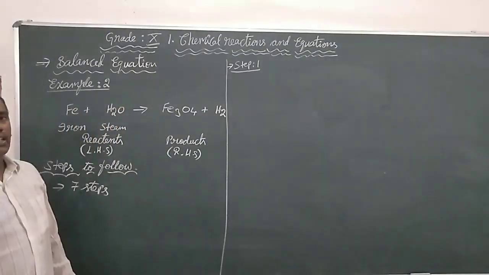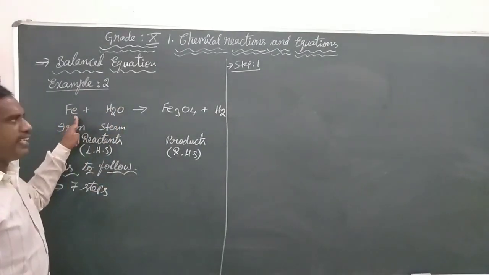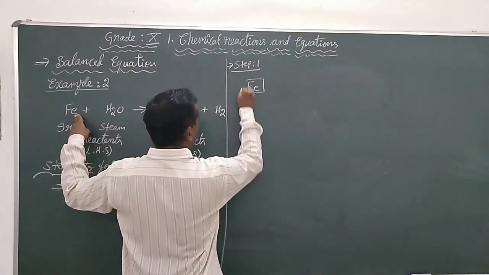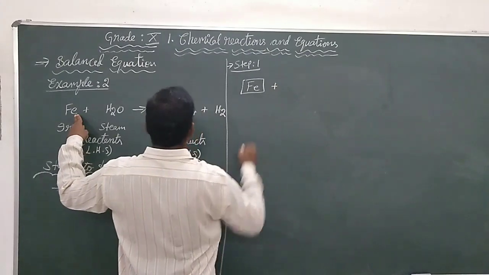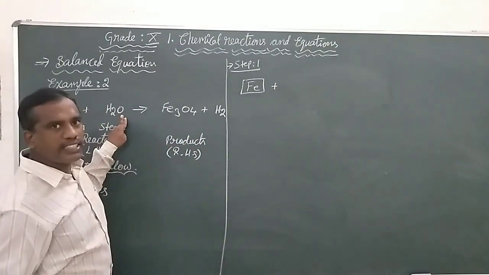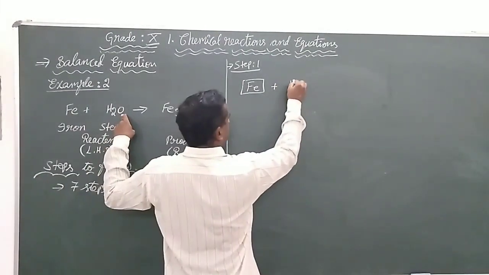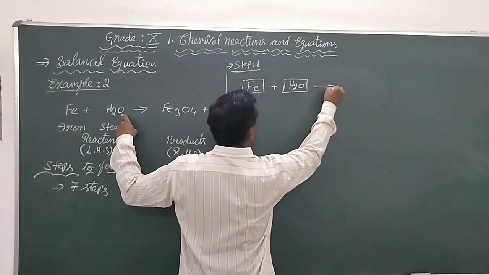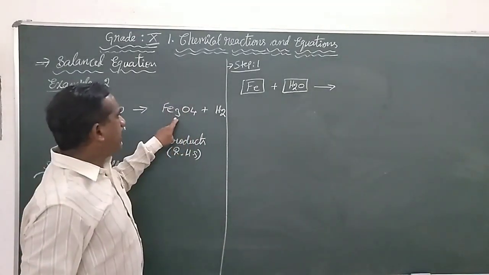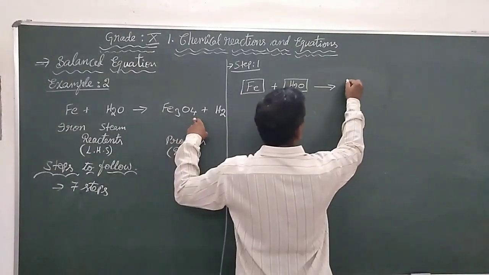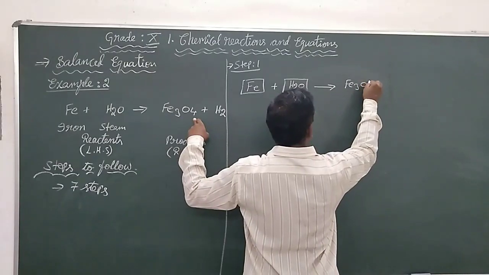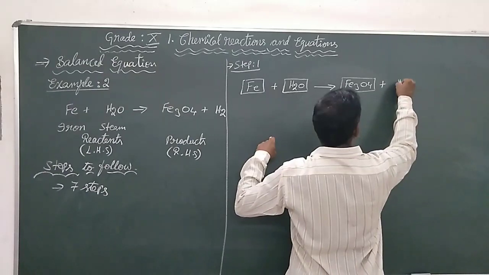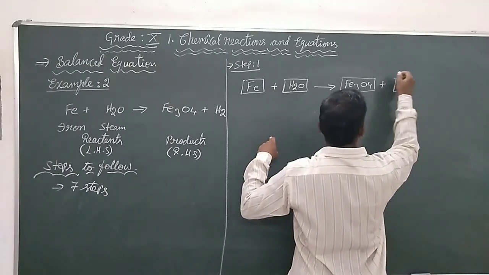In the given equation, we find the reactant Fe and we give a box around it. Next, another reactant is H2O. So write the same compound H2O and surround a box around it. And write the products Fe3O4, give a box around it. Write the H2, give a box around it.